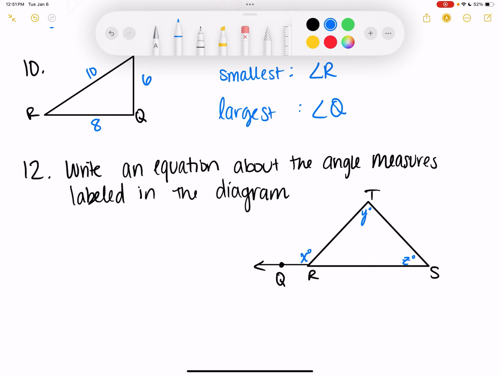So you might have to think back a little bit to before Christmas, but it was earlier in this chapter. What equation would relate X, Y, and Z? Might have to use your theorem and postulate book if you don't remember.